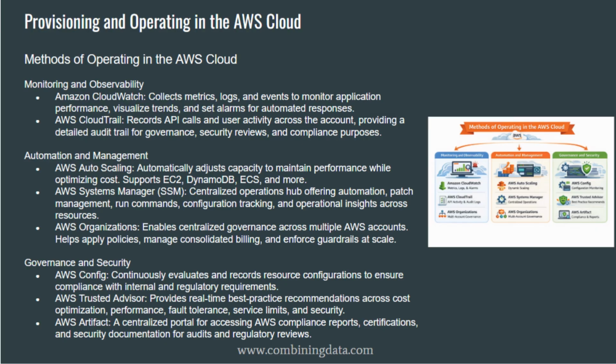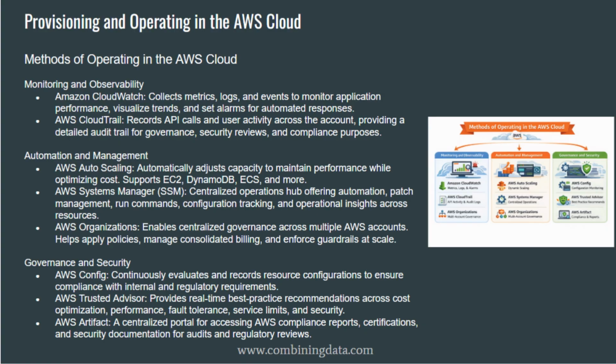AWS CloudTrail. While CloudWatch focuses on performance, AWS CloudTrail focuses on activity. CloudTrail records all API calls: who performed an action, what action was taken, and when and from where it happened.